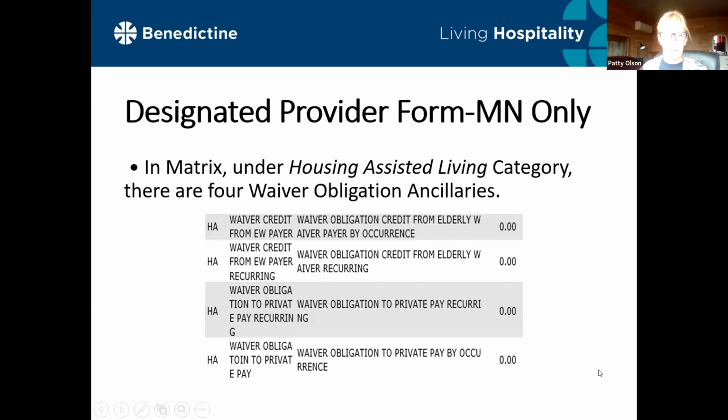And then here is the other recurring one that moves it to private pay. And then the cash posters at the centralized billing office would use the ones that are by occurrence on the non-Medicaid payers once we get the remit. Okay. And again, that's under the housing assisted living category.